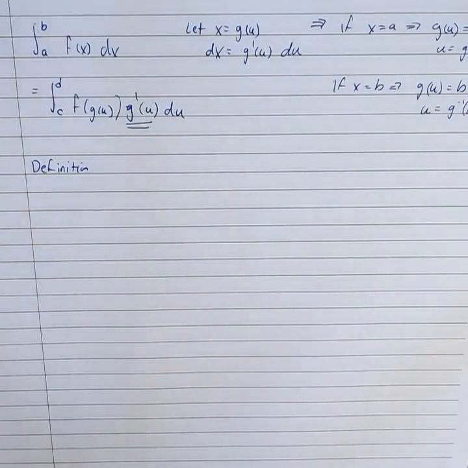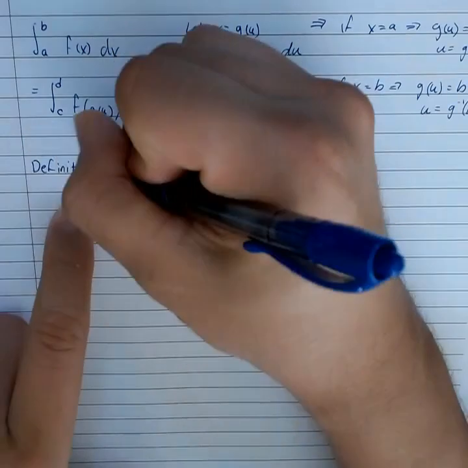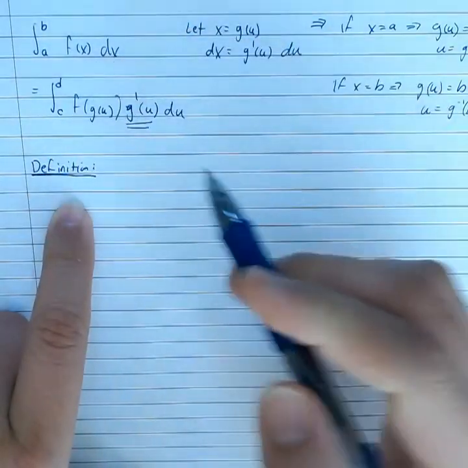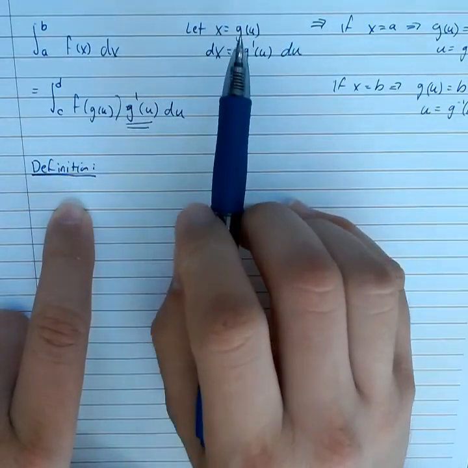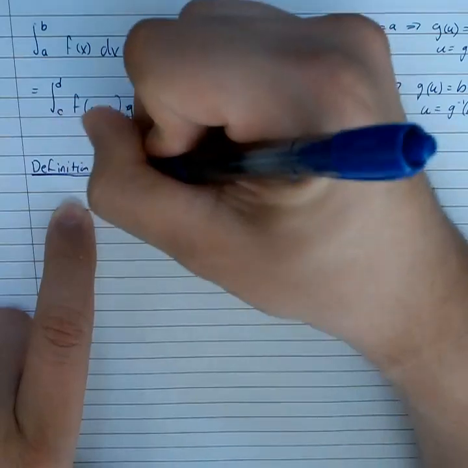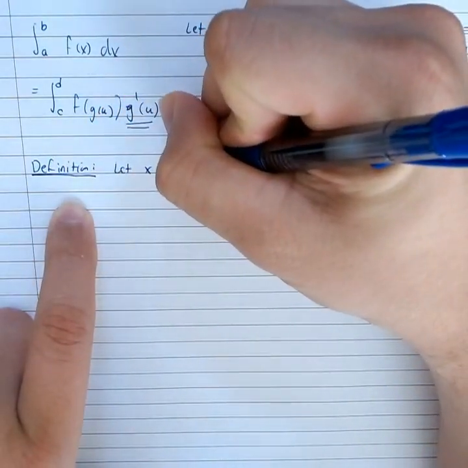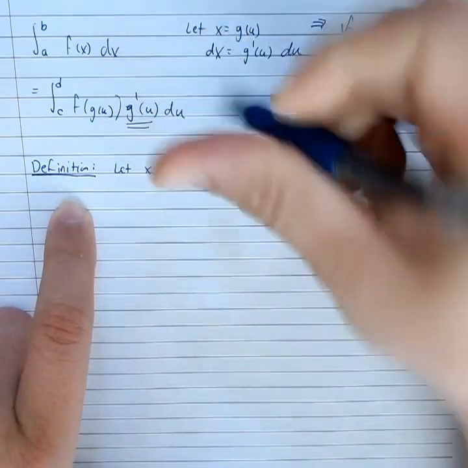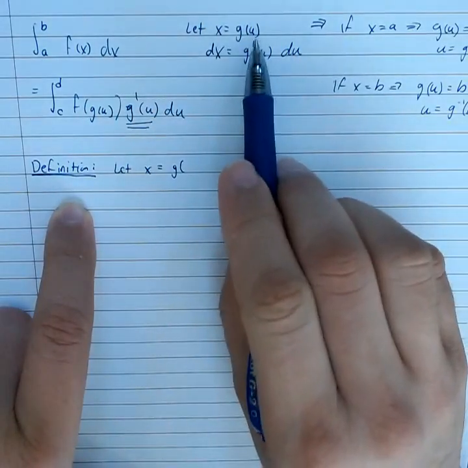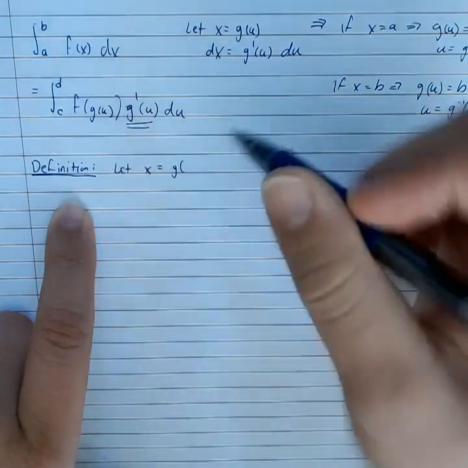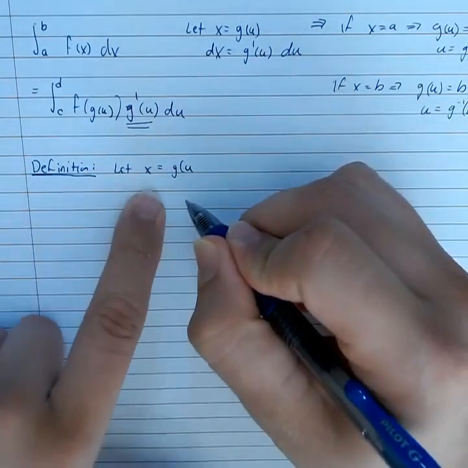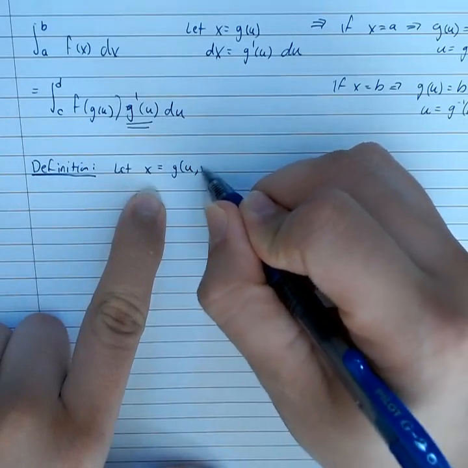So let's define two variables, x and y, not as their own separate entities, but as functions of some other set of variables. So here, let x be defined as a function of two other variables. In keeping with the notation we use for a single variable, we're going to say g of u, but we're going to need a second variable, so here we're going to say u, v.